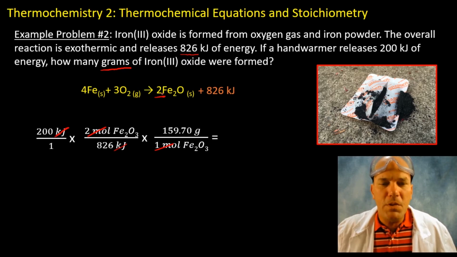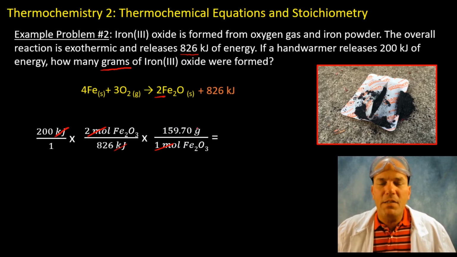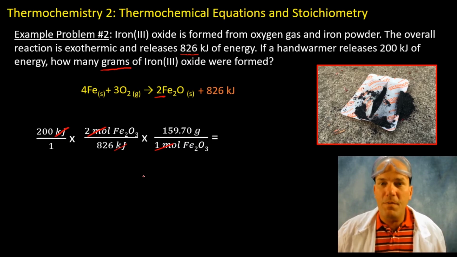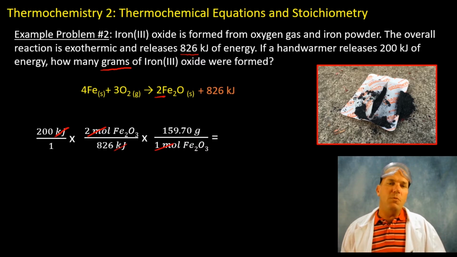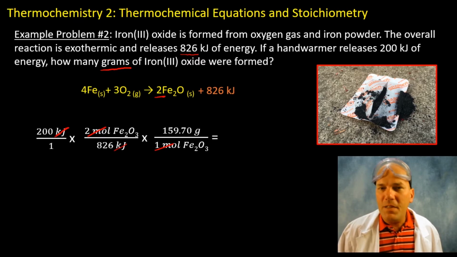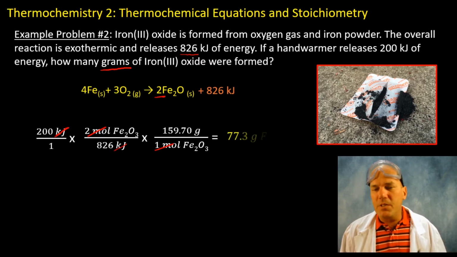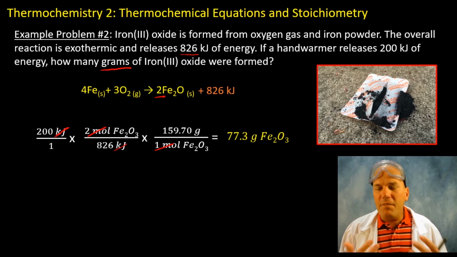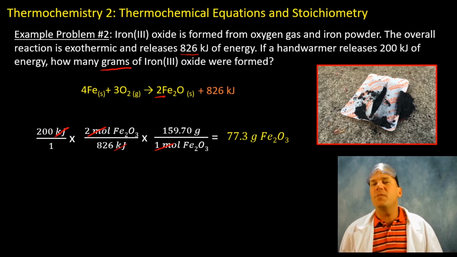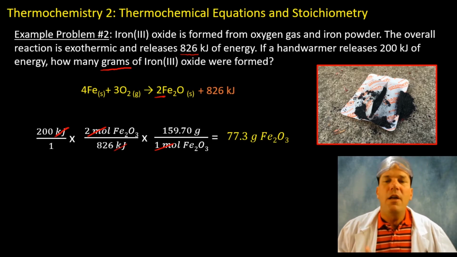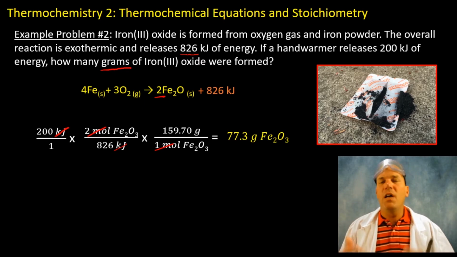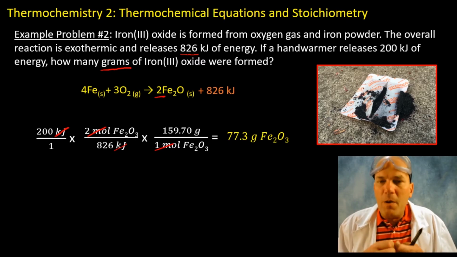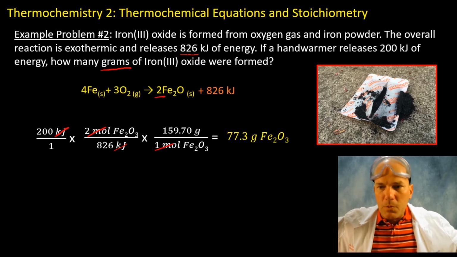We have 2 moles here, and the molar mass of 1 mole of this substance is nearly 160 grams. So we're going to have a relatively small number as a result, and we get 77.3 grams of iron(III) oxide were formed when 200 kilojoules of energy were given off from the chemical system to the surroundings.